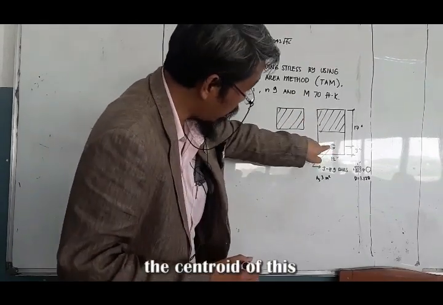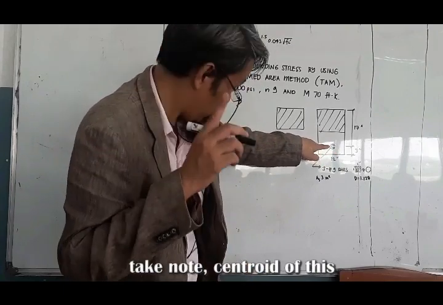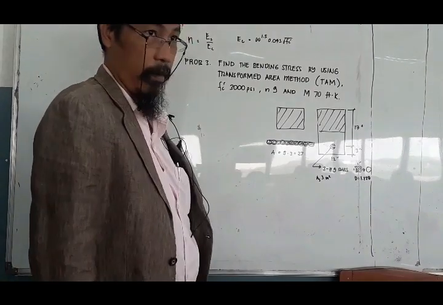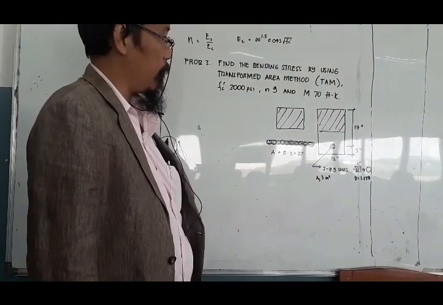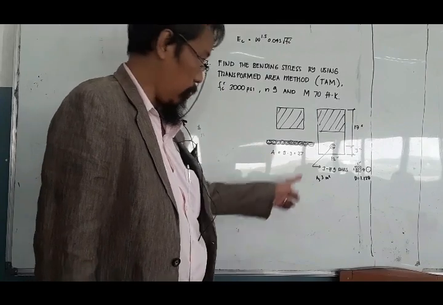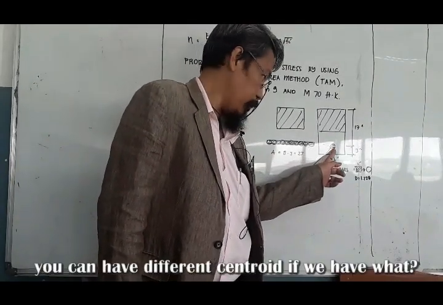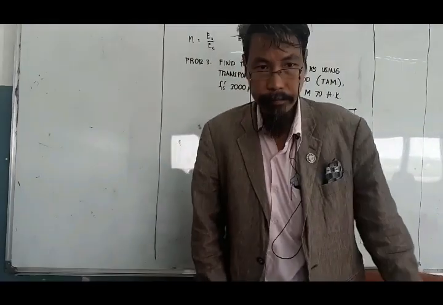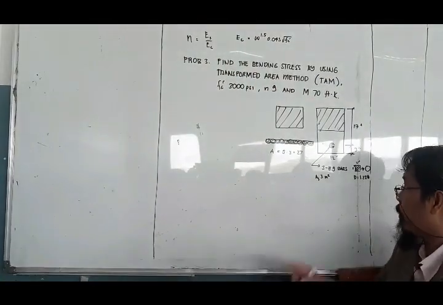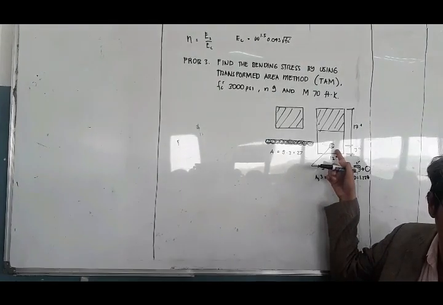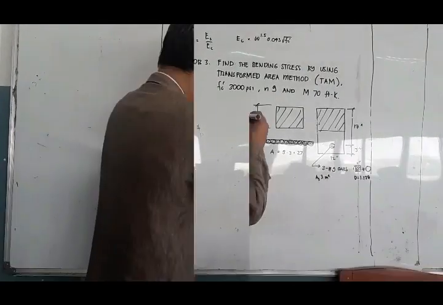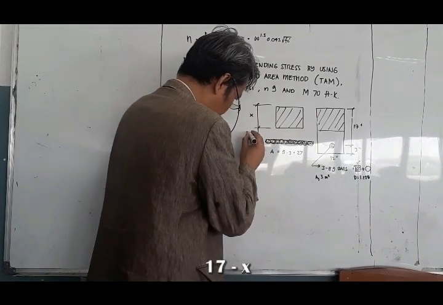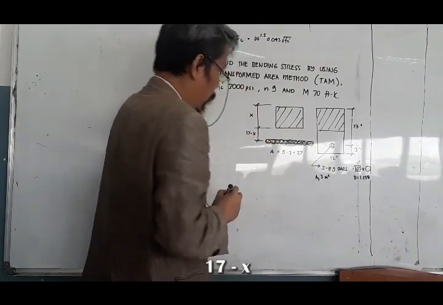The centroid of this and the centroid of this are the same. Take note, we can have a different centroid depending upon the arrangement. Let this distance be x. Therefore, this is 17 minus 10, okay?